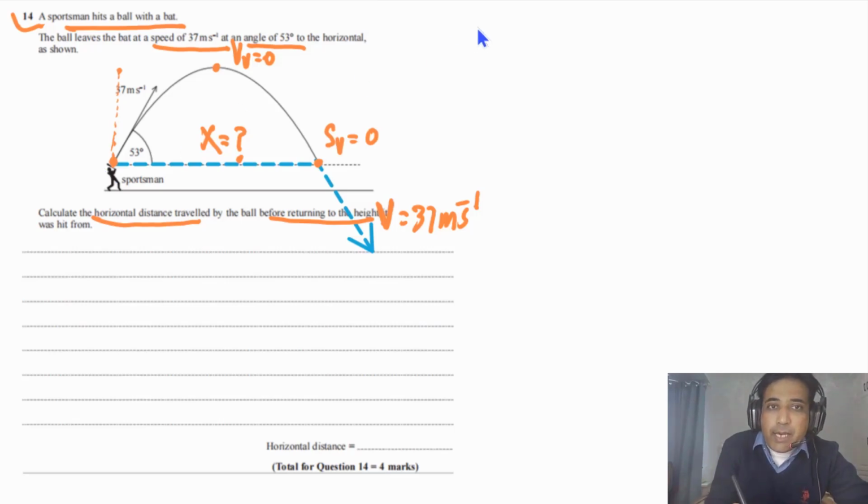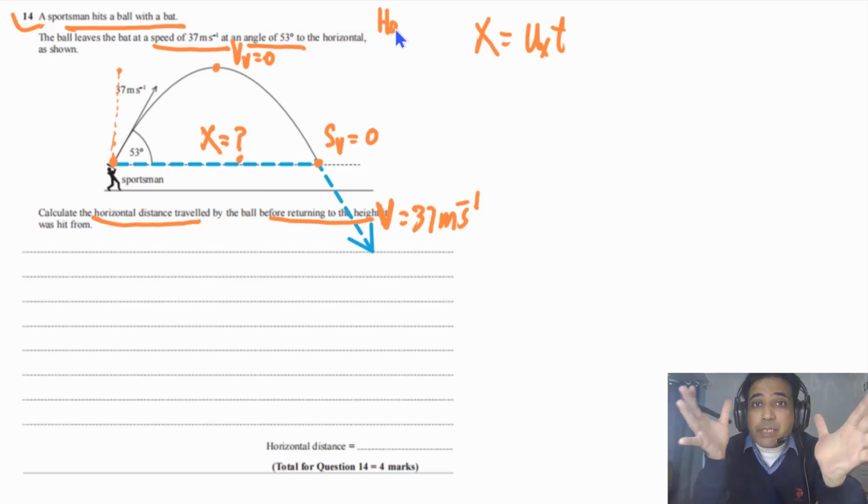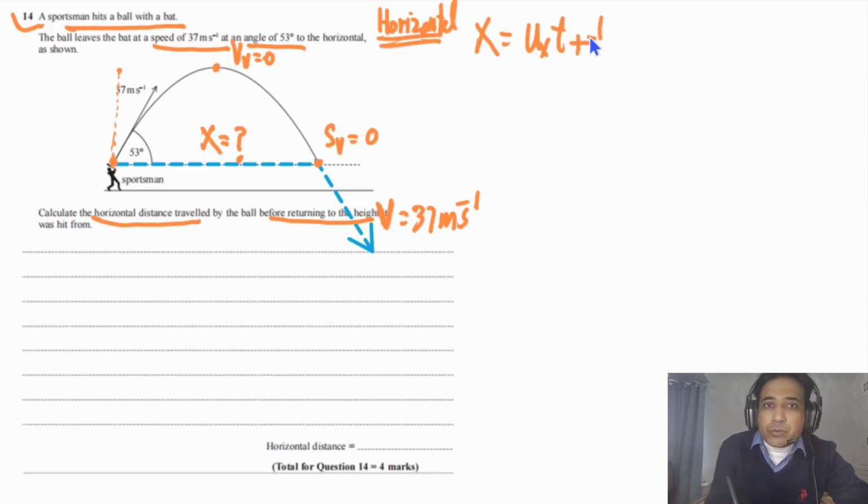We need to calculate x for this question. So x has to be equal to ux t. We are talking about horizontal motion. The beauty of projectile motion is that you can treat horizontal motion and vertical motion separately. So here I'm talking about horizontal motion, so I will write here horizontal. For horizontal motion, we can say x is equal to ux t plus 1/2 a t squared.